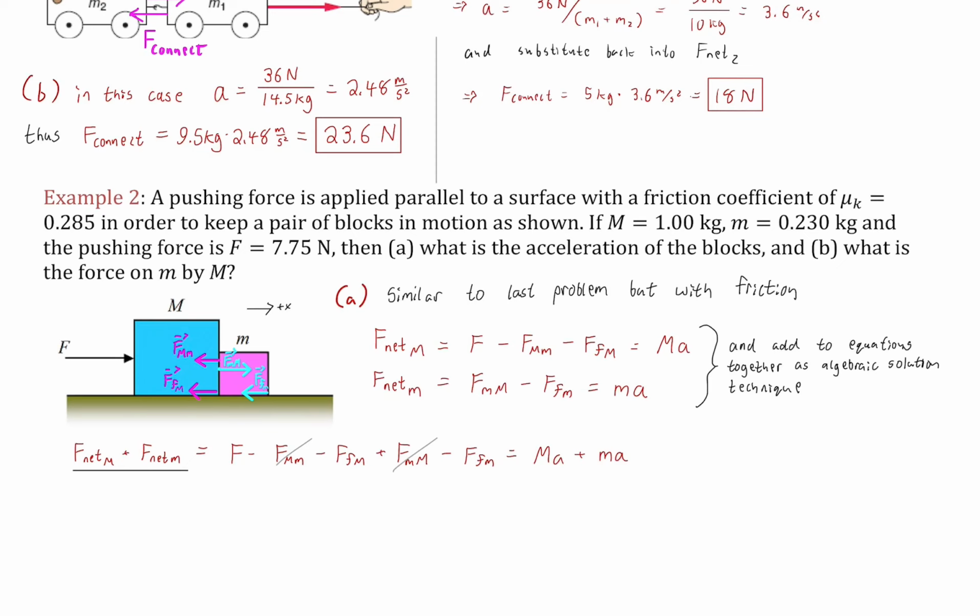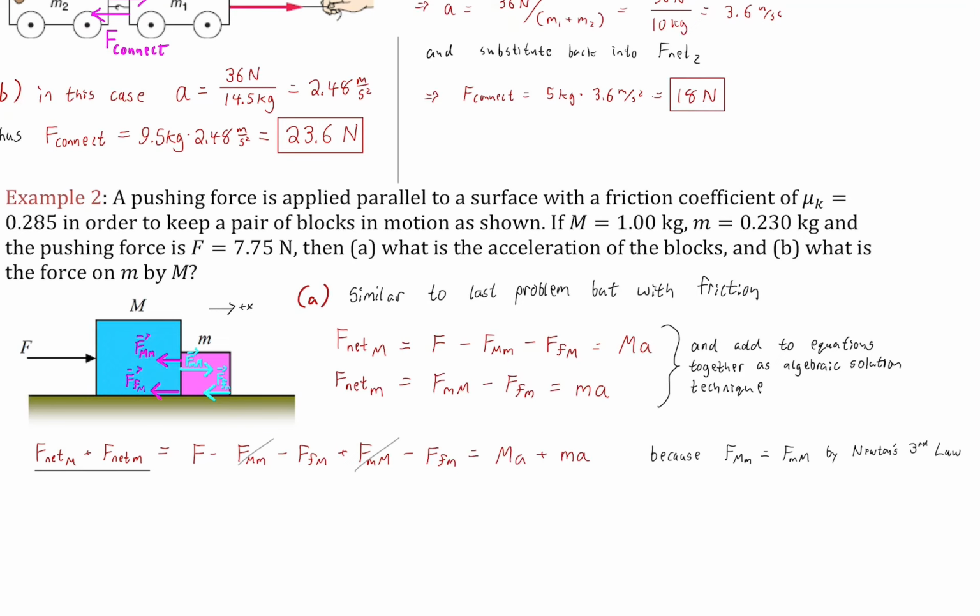Some of my m's are little m's, but you see them there. And then adding everything together on the right-hand side, it'd just be big M a and little m a. And then from Newton's third law, I know that F big M little m is equal to F little m big M, because they have to be. They're equal and opposite forces. They represent a force pair, so they cancel out. I had shown that before, but this justifies why they do.